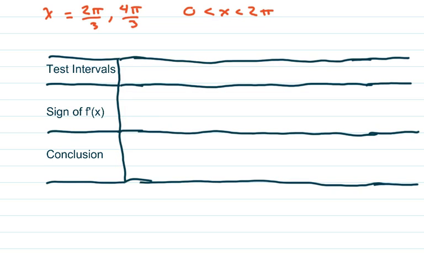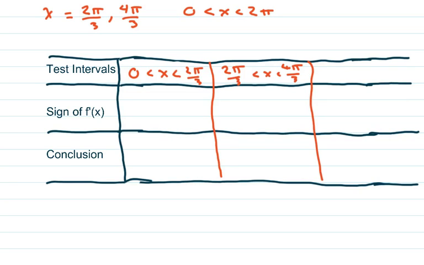So we're going from 0 to 2 pi over 3, and then we have 2 pi over 3 to 4 pi over 3, and then we have 4 pi over 3 to 2 pi. So 3 test intervals.